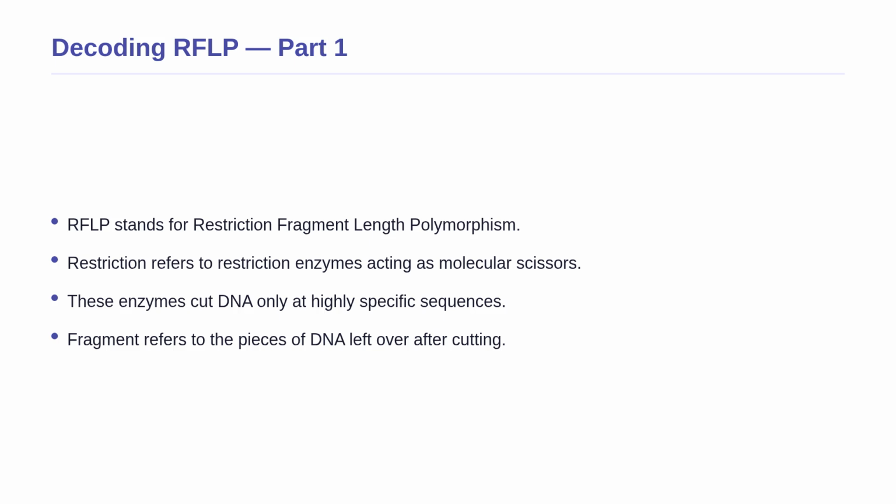These are the molecular scissors we just talked about, which cut DNA only at highly specific sequences. Next, fragment refers to the pieces of DNA that are left over after these restriction enzymes have made their cuts. Just like the pieces of ribbon, these fragments are the physical material we will be analyzing.